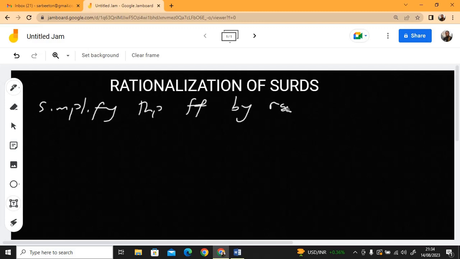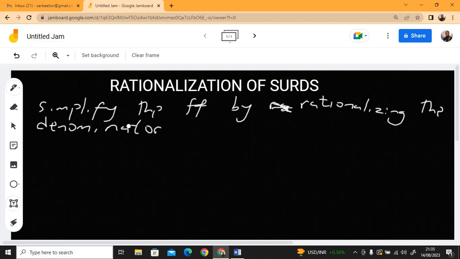This is how it always comes out. Sorry, let me cancel this. By rationalizing the denominator. My handwriting is beautiful, right?